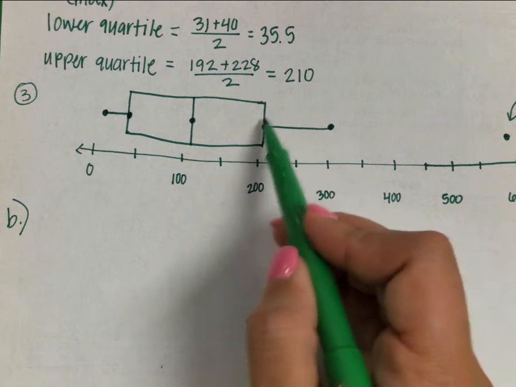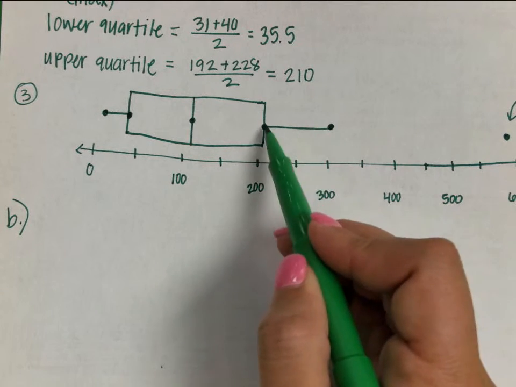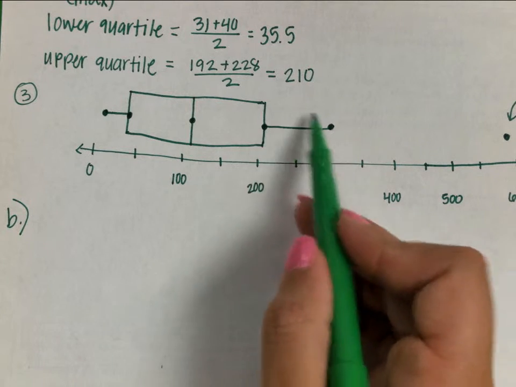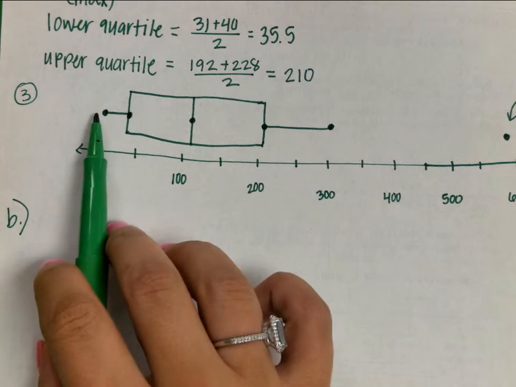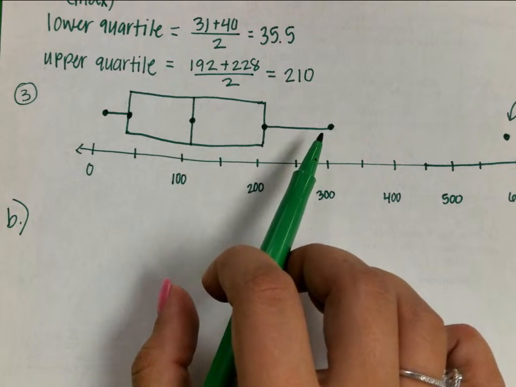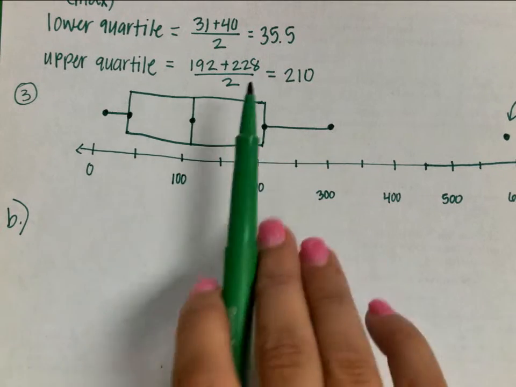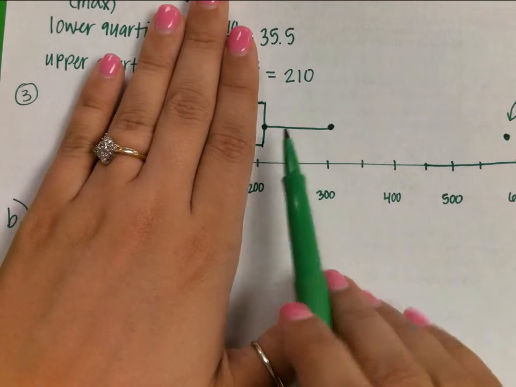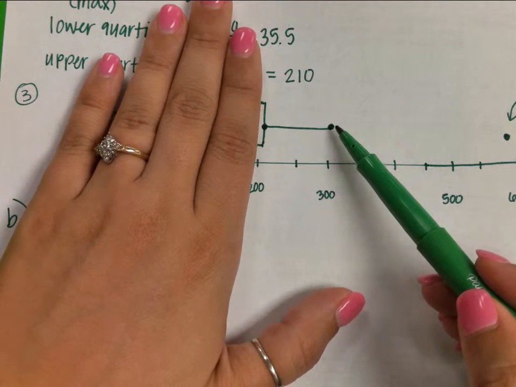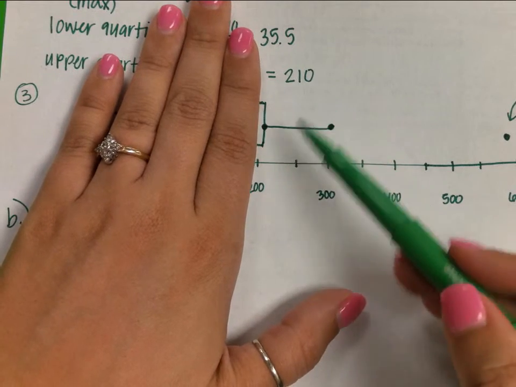So what percent of these states would that be? Rylan, what'd you say? 25, right? Remember we have quartile 1, quartile 2, quartile 3, and quartile 4. And they're all 25%. So if I'm looking for the amount of states that have a coastline from 210 up to 310 or 301, that would be 25% of my data.